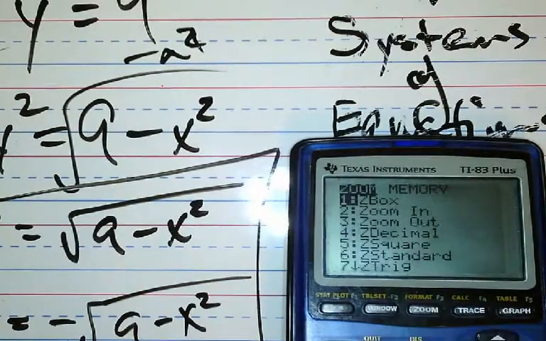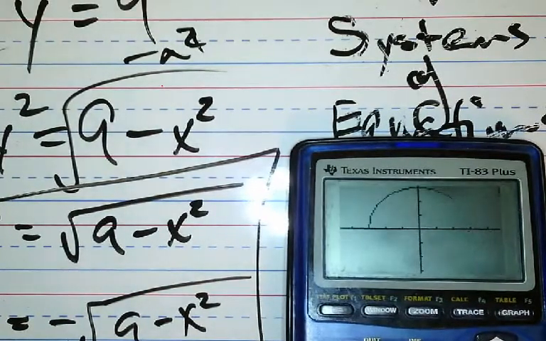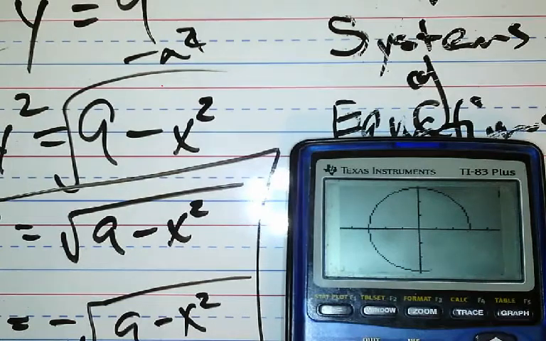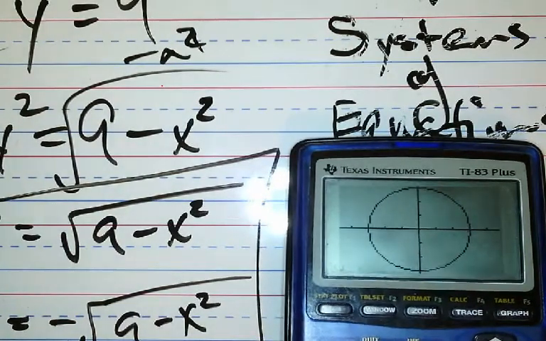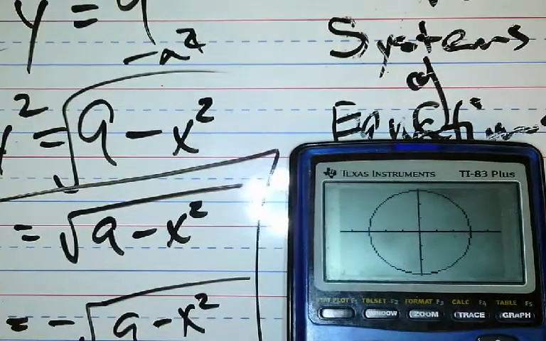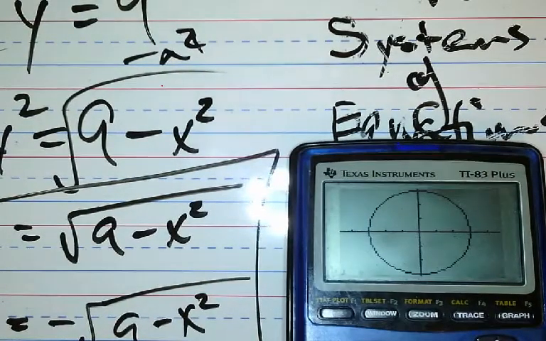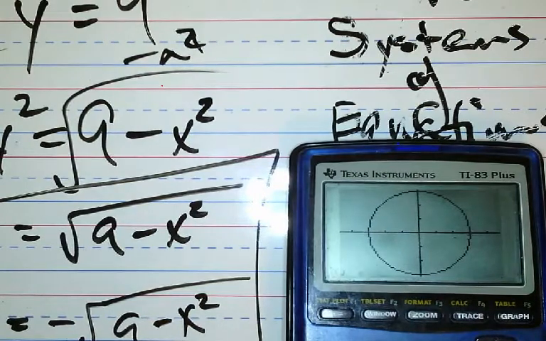And look what happens. I get the top of the circle, and I get the bottom of the circle. If I do just one of those, I only get half of the circle. Right? That's all I get.